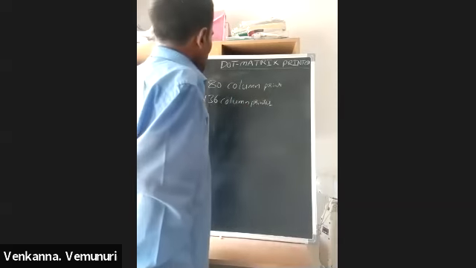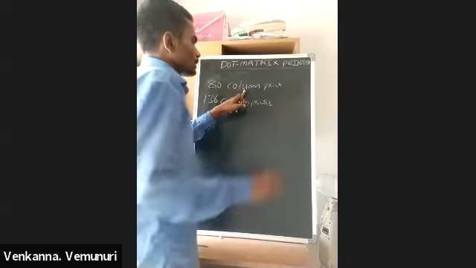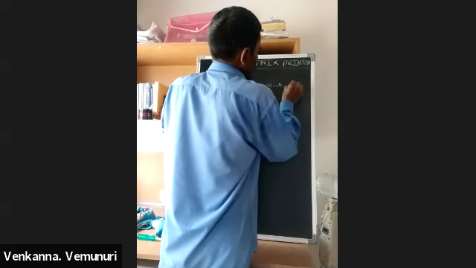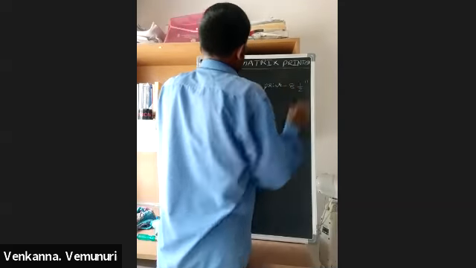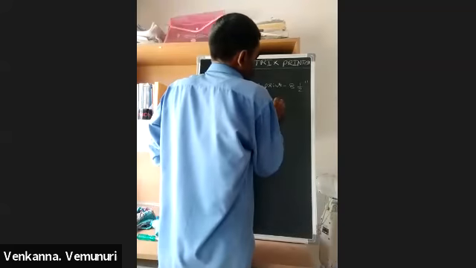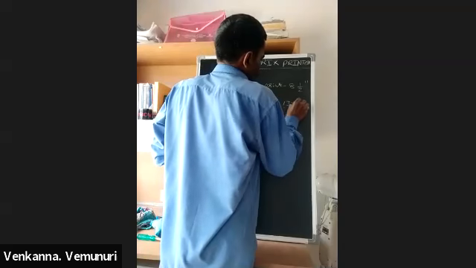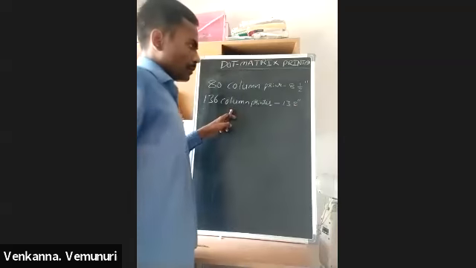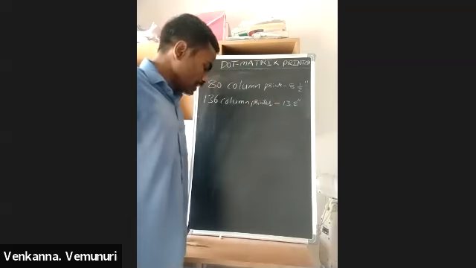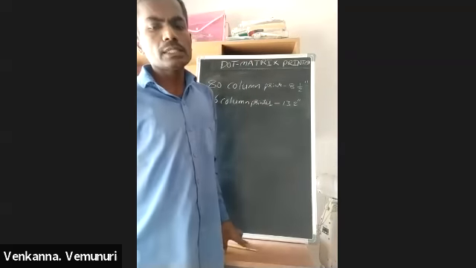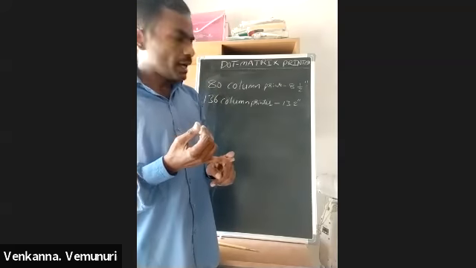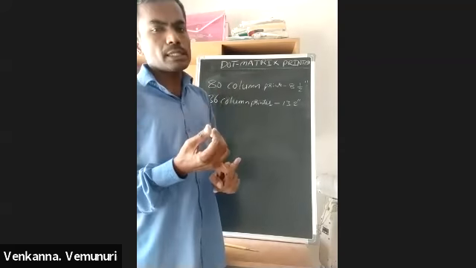In the 80 column printer, the paper width is 8.5 inches, and in the 136 column printer, we are using 13.2 inches paper. So here we are differentiating these printers by using print head pins and paper size.